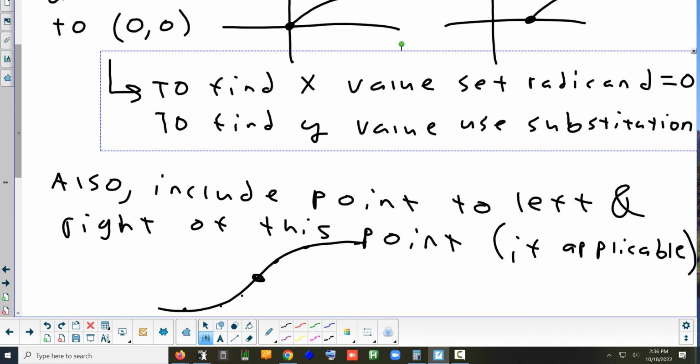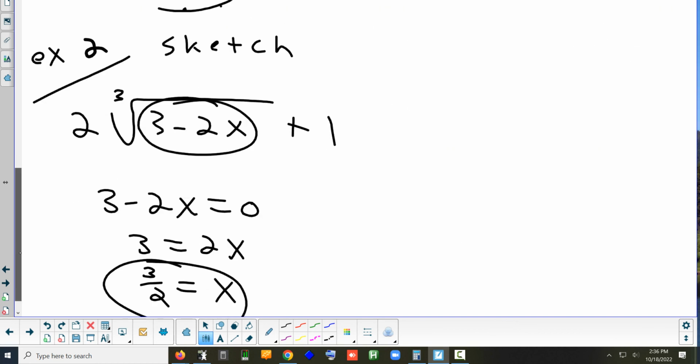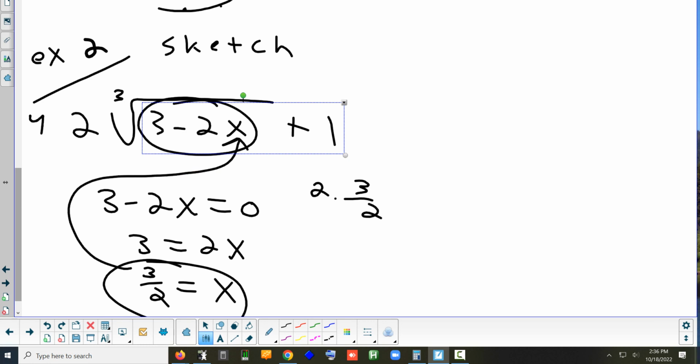Now to find the y value, plug it back in. Let's plug 3 over 2 in right here. We're plugging that number back in right here, and we're going to get the y value.